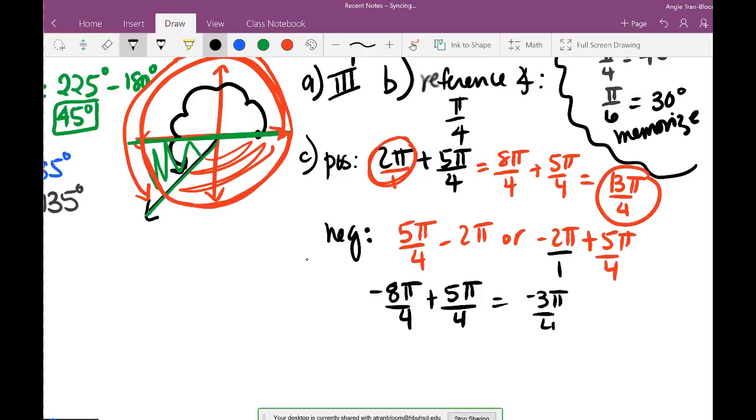Guys, can I just count if I don't feel like doing that? If I put my pen here, from here to here it's 1 pi over 4, right guys? And from here to here is 2 pi over 4. And then from here to here is what? But I'm going clockwise, so what is that? Negative. So you don't have to add or subtract. You can just draw it out and count.